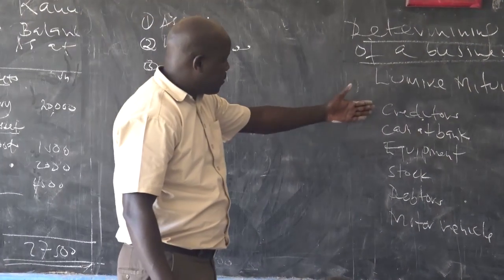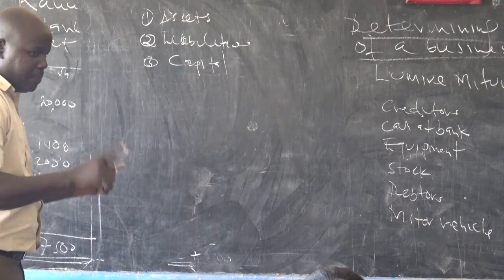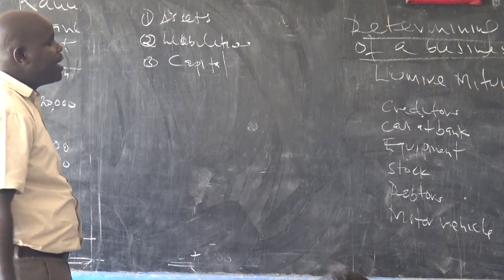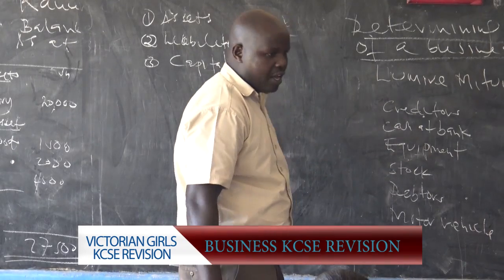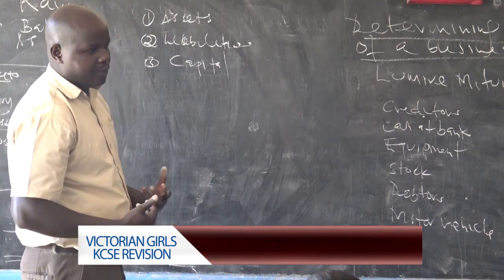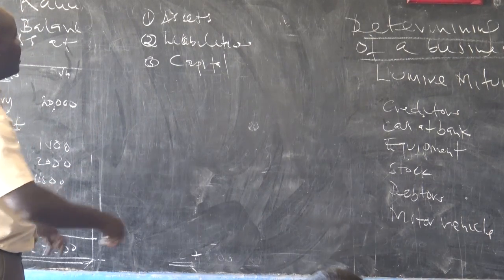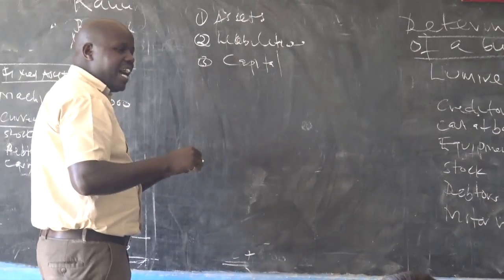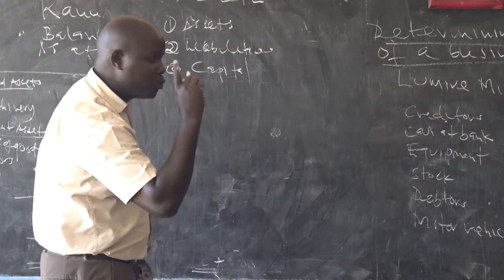If you check from creditors up to motor vehicle, what is missing? Capital. Because in here we've got 7 items, all a mix of assets and liabilities. So what we are missing is capital. So you see, with this equation, you can always identify the items we are missing. That is what you should be doing.